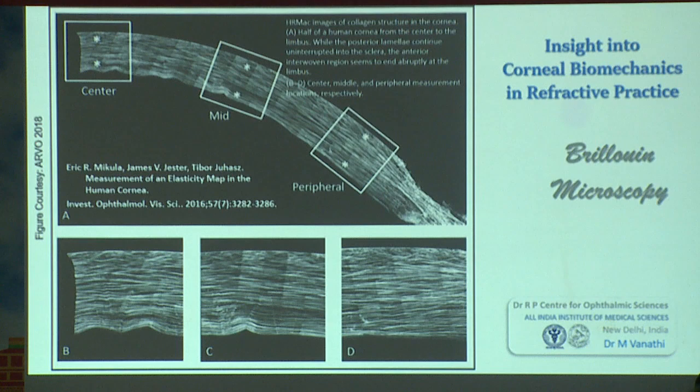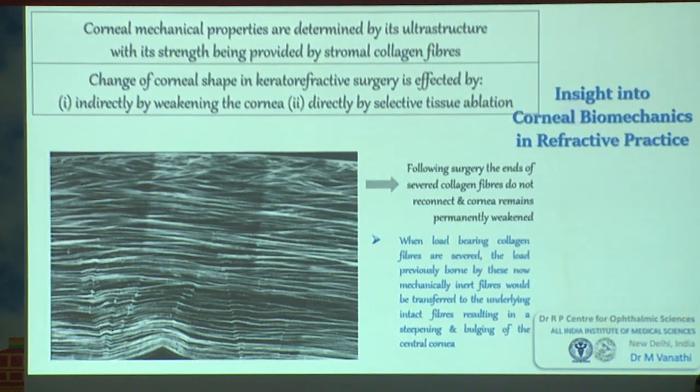That is how the normal structure of the collagen layering exists in the human cornea. When we alter this normal structure by laser ablations, either by cutting or by lenticule removal, we cause a biomechanically weakening effect in the anterior part of the cornea. These fibers, which stop short at the periphery, become mechanically inert, and the load which was borne by them is transferred onto the posterior collagen fibrils.